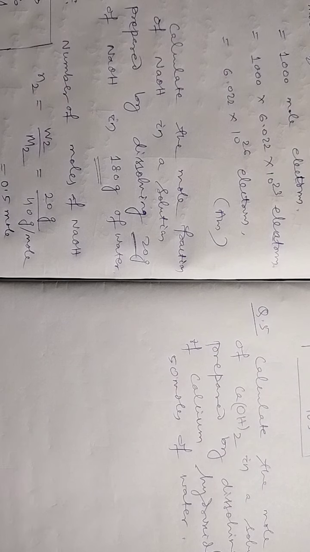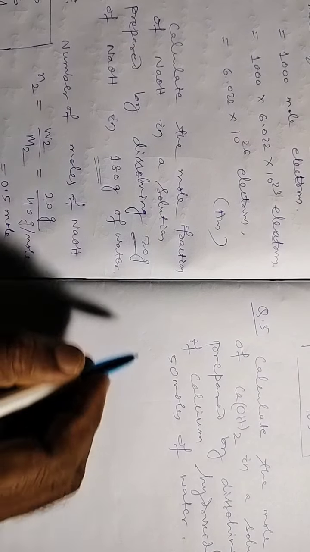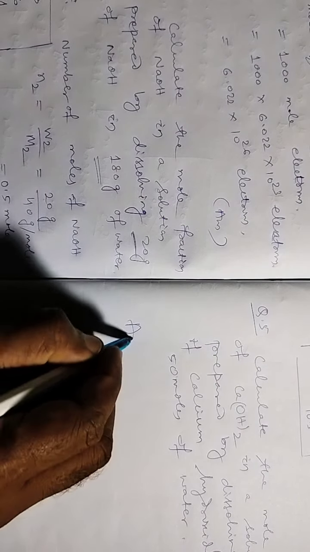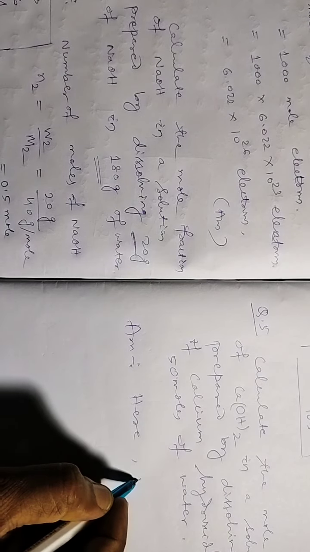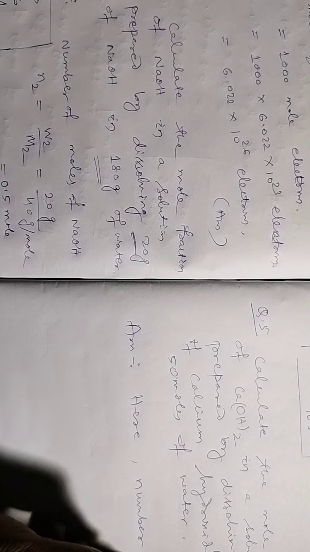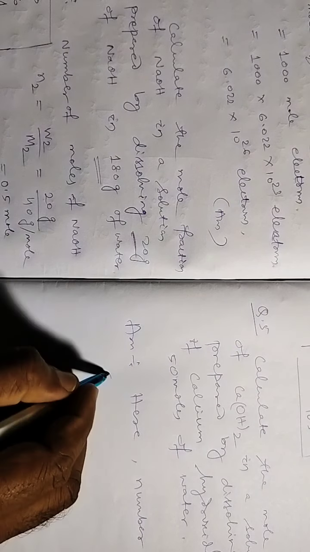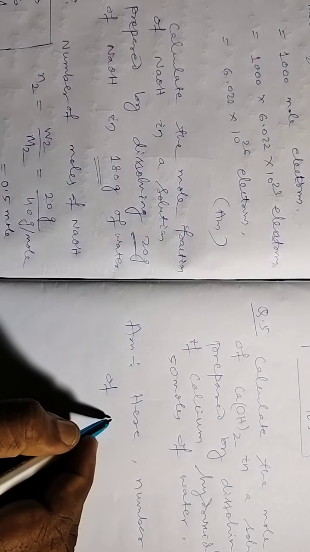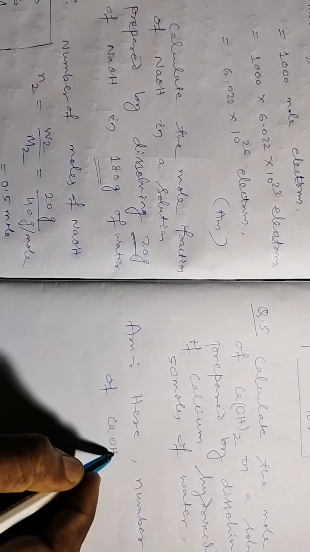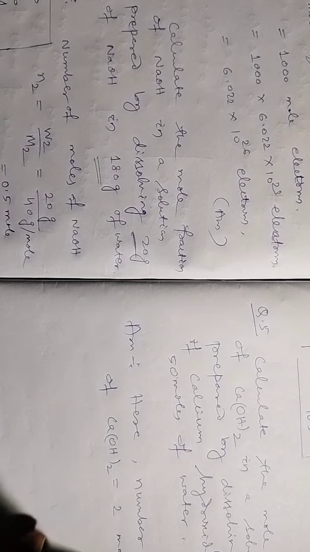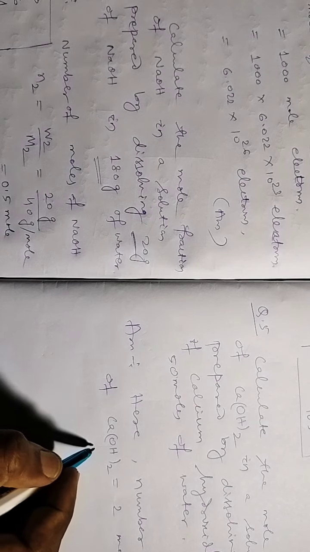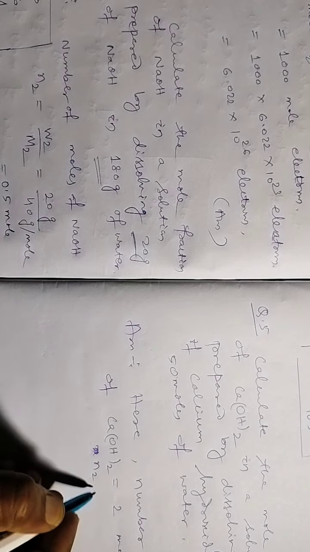Here the number of moles of individual components, calcium hydroxide and water, is given, so directly we can put the formula here. The number of moles of calcium hydroxide is equal to 2 moles, that is n2 is given.